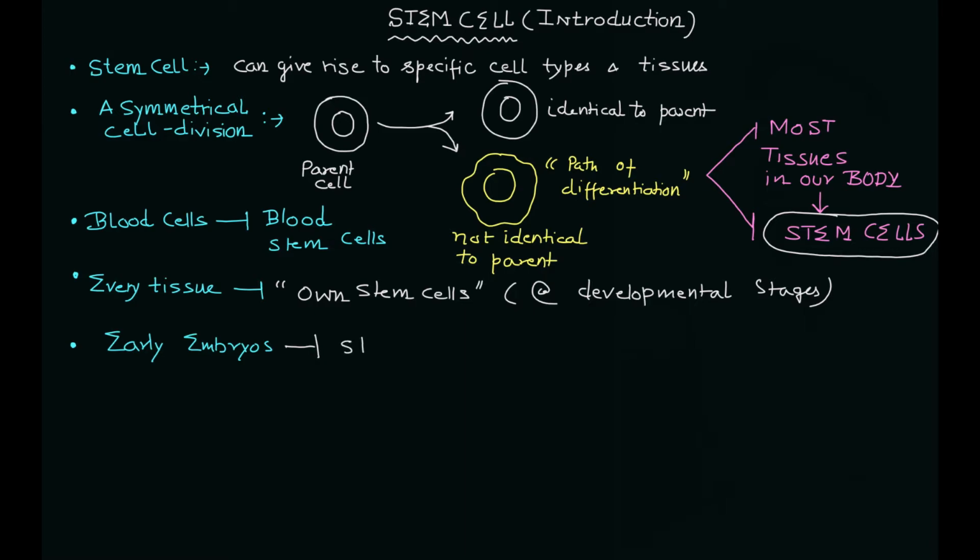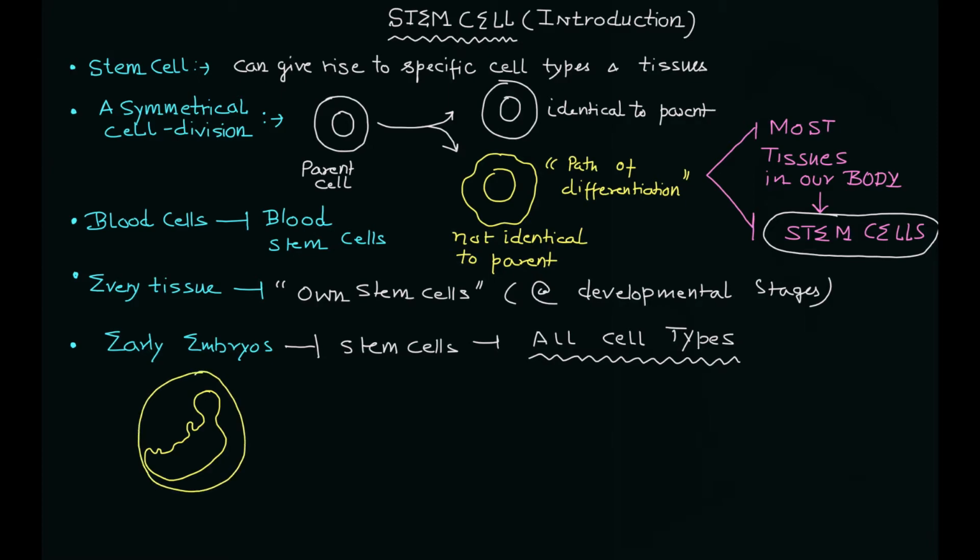So in the early embryos, they will have specific stem cells, and those cells have the capability to produce all cell types. So if I try to show you diagrammatically, so I'm trying to make embryo.